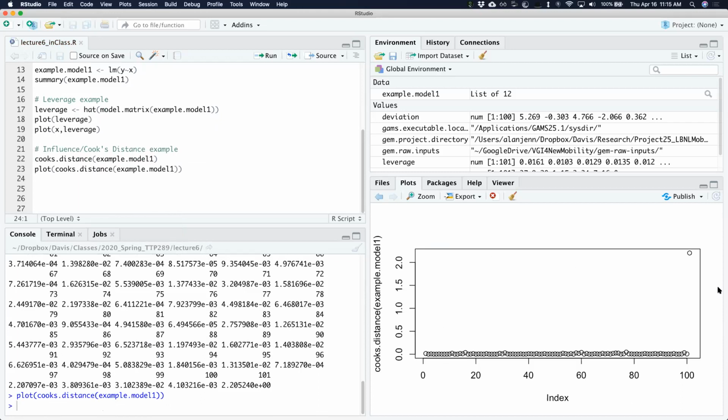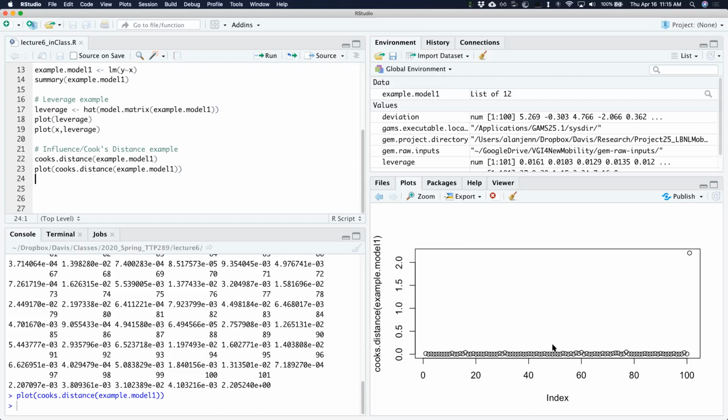Okay, and here the Cook's distance is quite different from all your other points. And so that's something you might classify as an outlier. I didn't mention this before, but whereas leverage is always between 0 and 1 because it's a ratio between the fits, the Cook's distance is not.